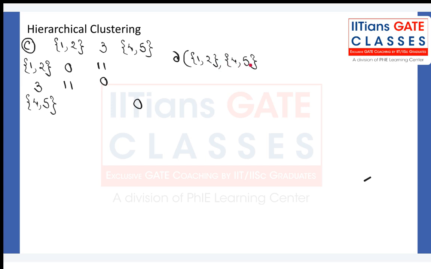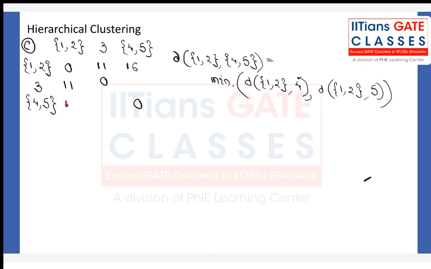This will be nothing but the minimum distance of, can you take a guess, of the cluster 1, 2 to 4, comma, the distance of 1, 2, 5. Understood? And we already calculated these distances in the previous iteration. So if you do that again, you will get this as 16. This will be 16. Okay.